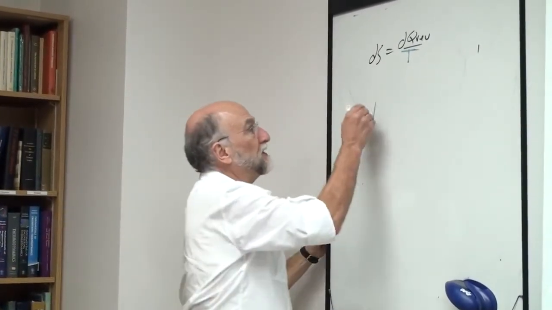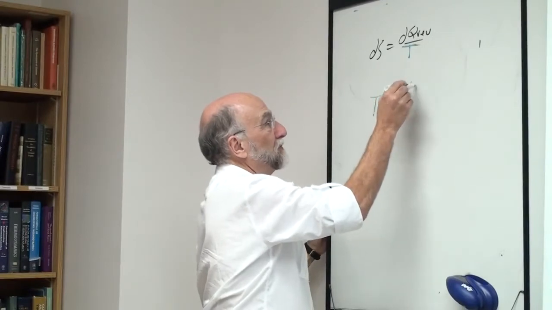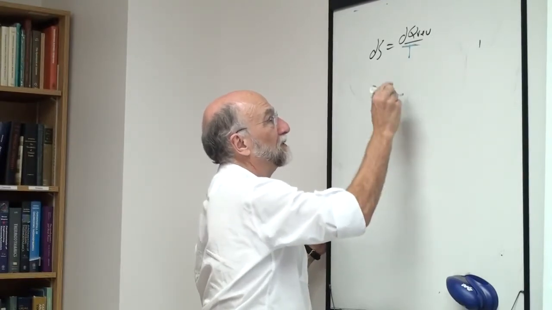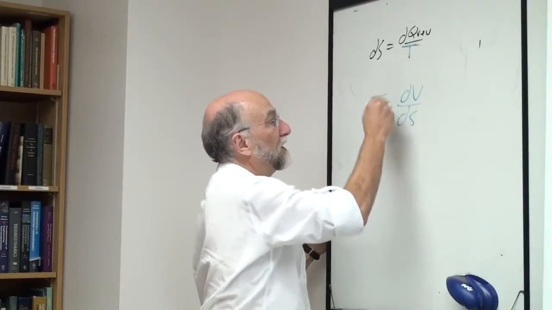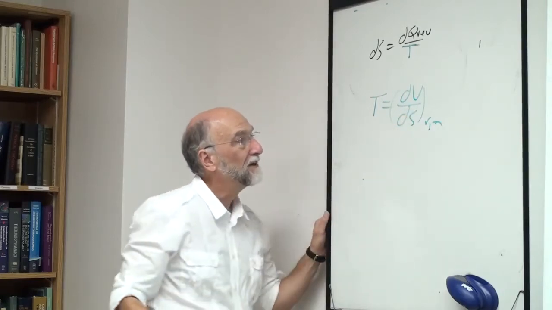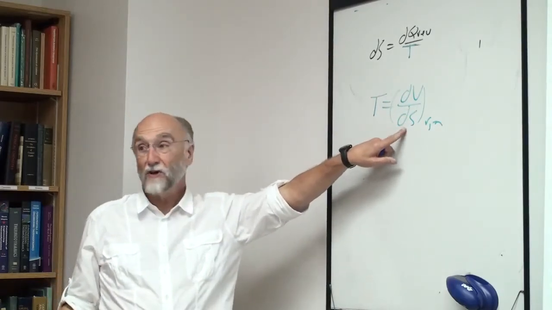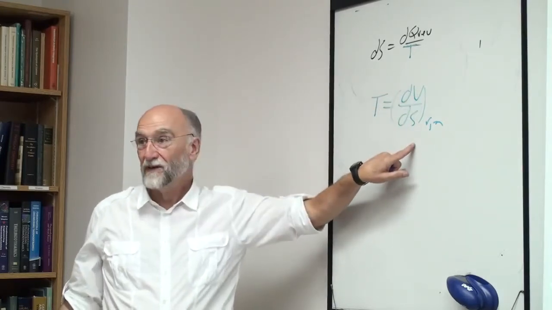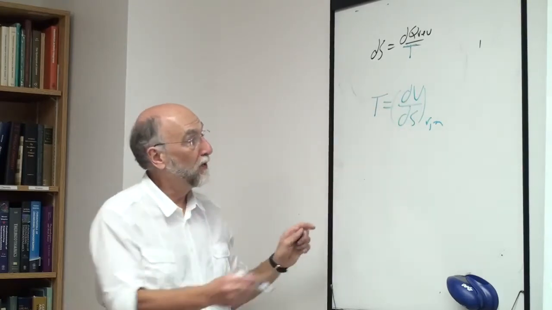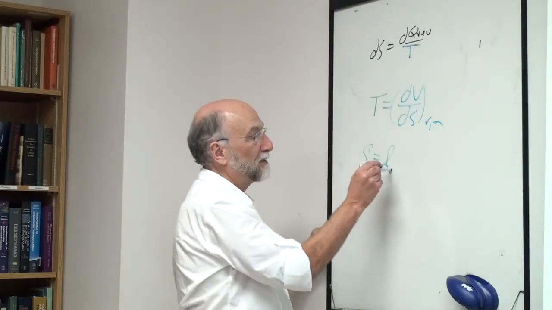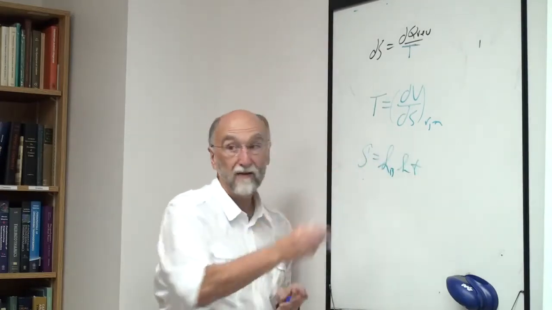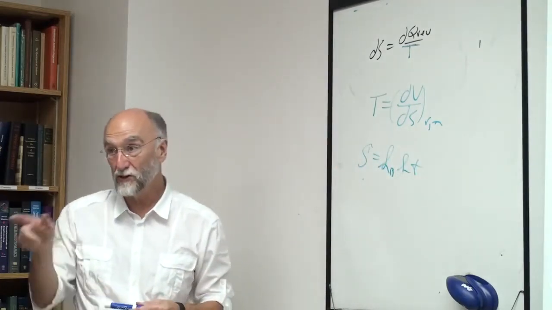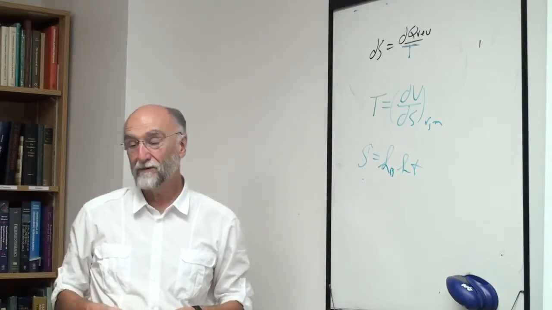If you define T as equal to dU/dS at constant V and N, which is the same thing, then it depends on the units of entropy. If entropy is in bits, then temperature should have units of joules per bit. That's why we put in Boltzmann's constant, S equals k Boltzmann log W, because we want to have it in joules and so on, rather than going into bits.